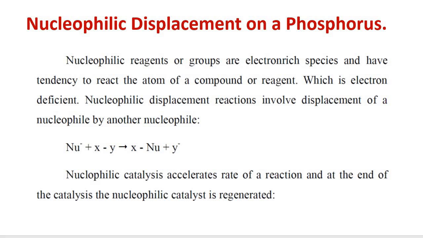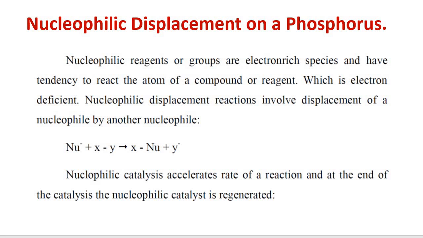You can see here nucleophile plus XY gives X nucleophile and Y minus. What does it mean? Nucleophile replaces Y. So nucleophilic catalysis accelerates the rate of reaction, and at the end of the catalysis the nucleophilic catalyst is regenerated.